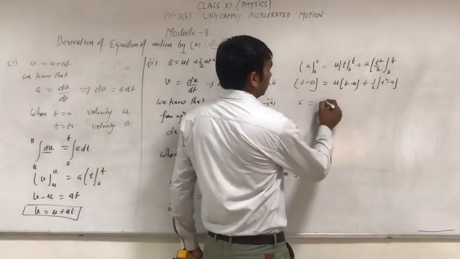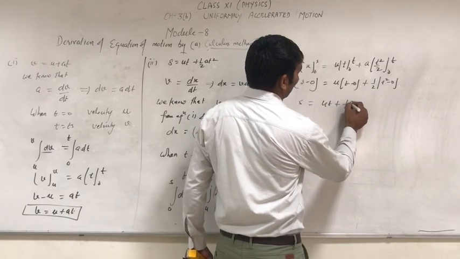Now s is equal to ut plus half at square.